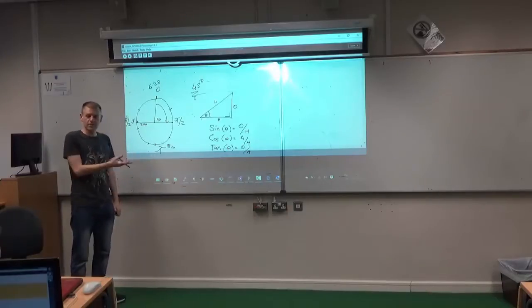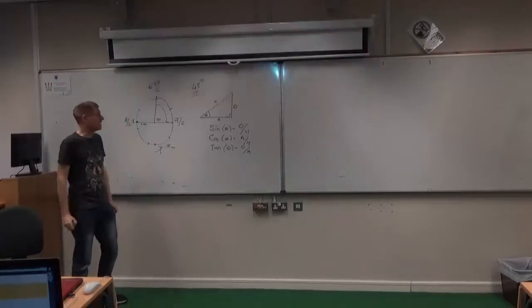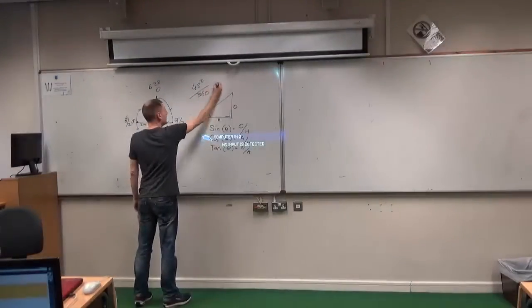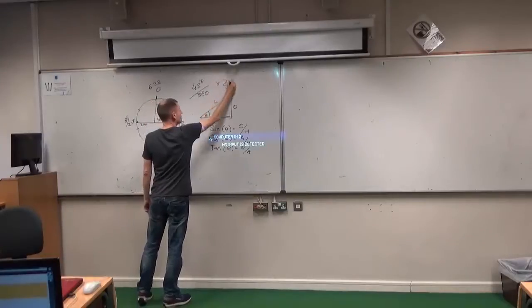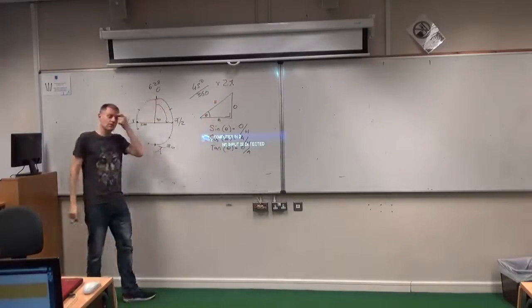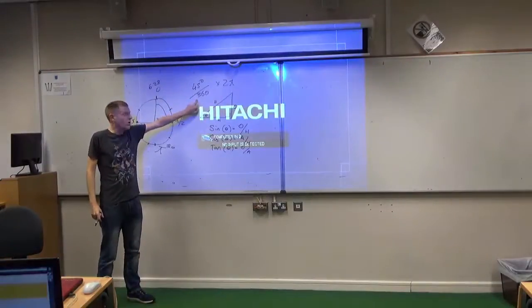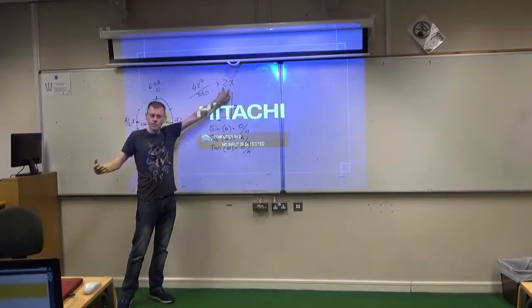Or you can do it the long way around. You can say, well, okay, that's 45 degrees. What fraction of 360 degrees is that? So you can take 45 divided by 360, and then you multiply by 2 pi. Because if it's 360 over 360, it's going to be 1, and then you multiply by 2 pi, which gives you 2 pi.